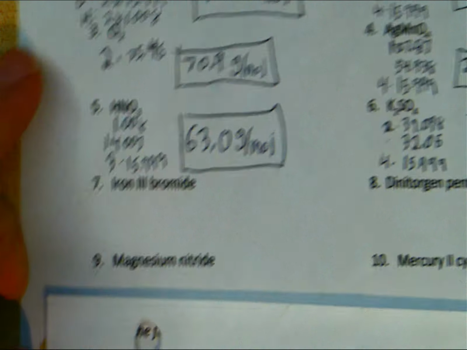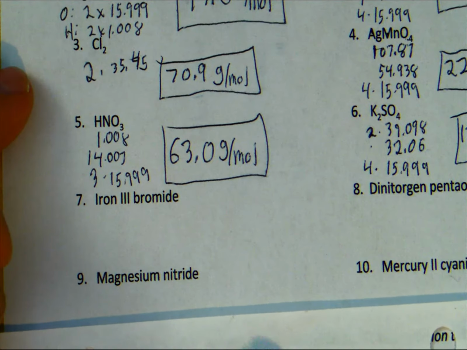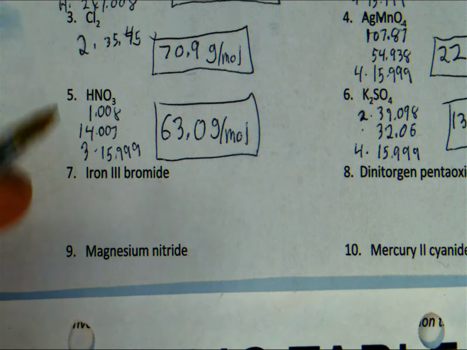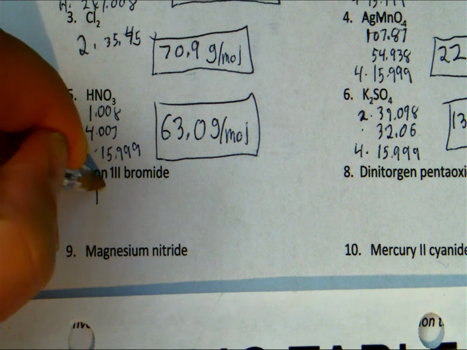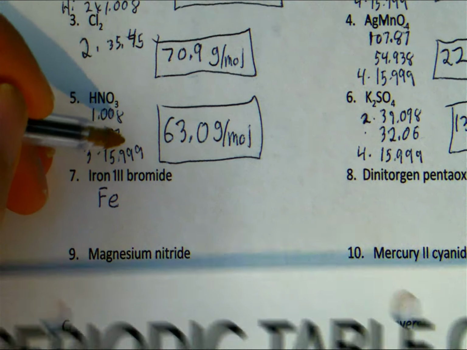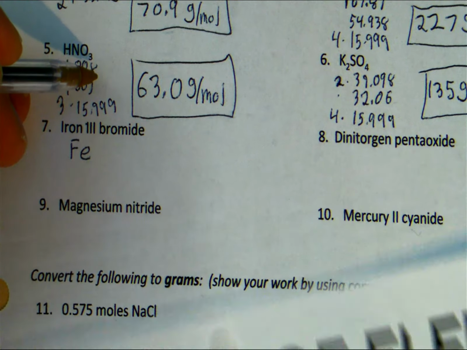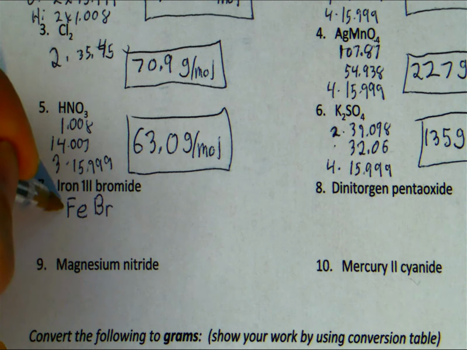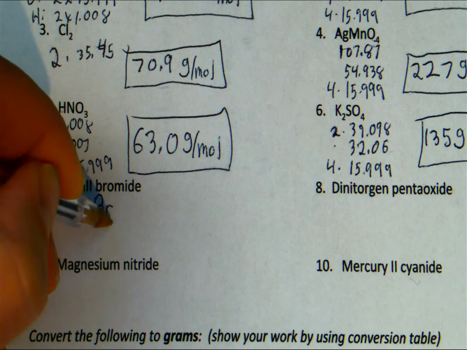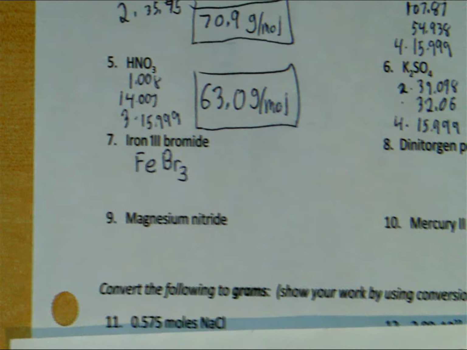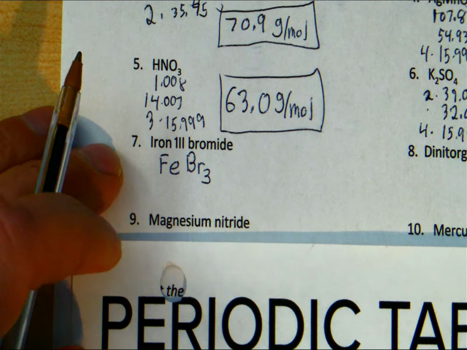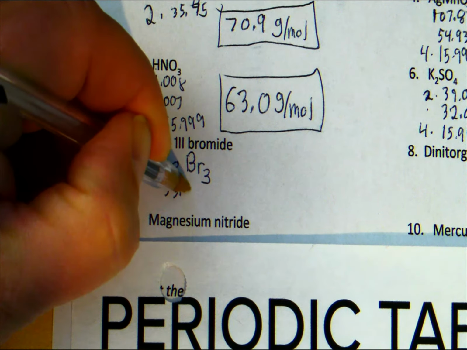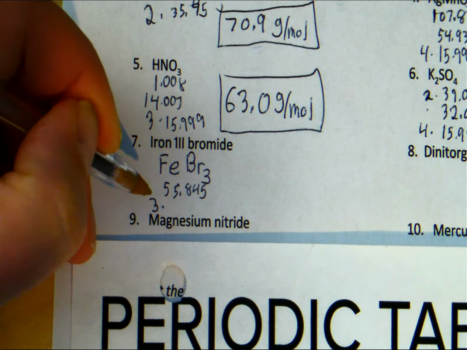Number 7, iron 3 bromide. So now you're not being given the chemical formula, you're given the chemical name. And the 3 means it's an oxidation plus 3 state. Bromine, being a halogen, is always a 1 minus state. So I'm going to need 3 bromines to neutralize the charge on this iron 3 ion. So now that I've written it correctly, I go to the periodic table and I say, okay, so iron is 55.845, and I need 3 bromines.